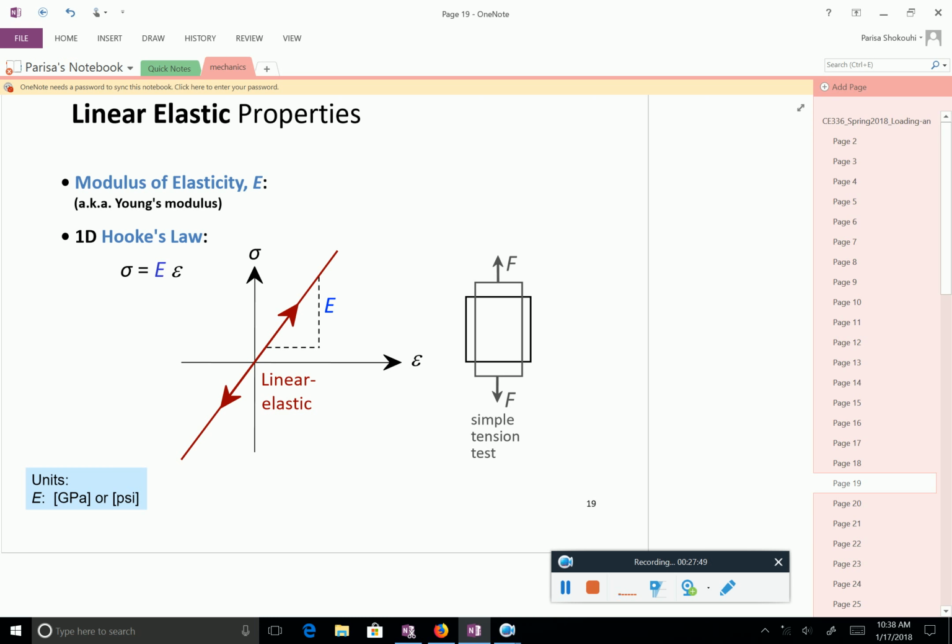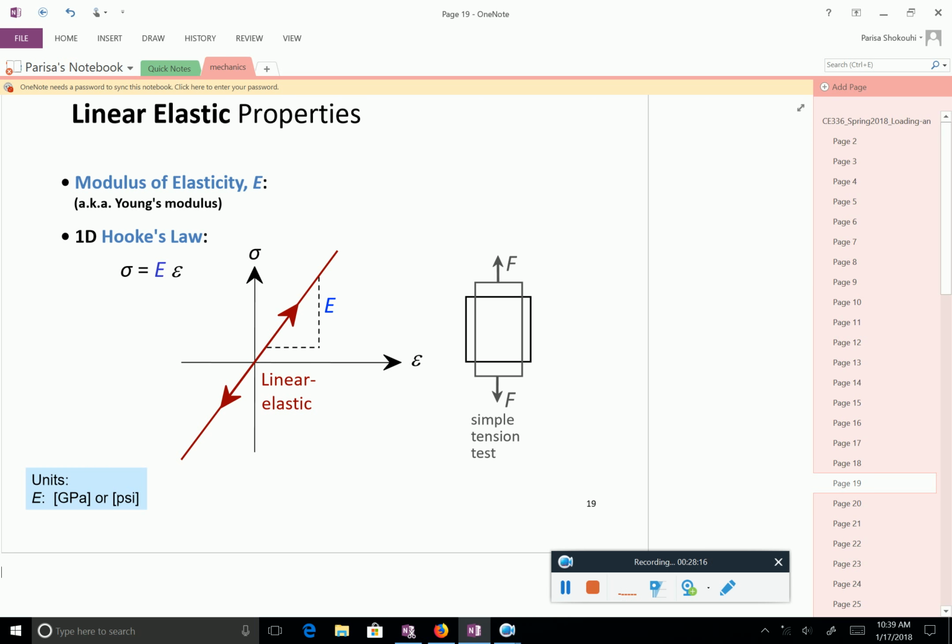I assume that everyone is familiar with linear elastic materials. What is the definition of an elastic material? If you want to explain an elastic material to someone else, let's say your sibling who is in high school, or a freshman or a sophomore, how do you explain it?